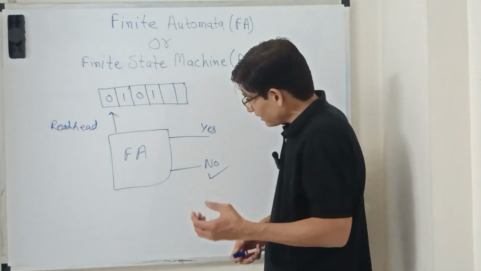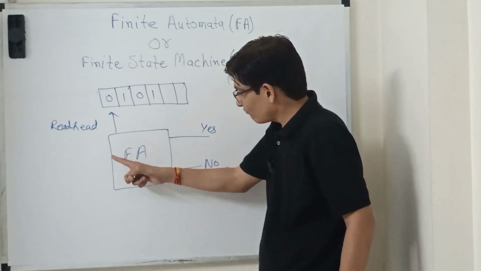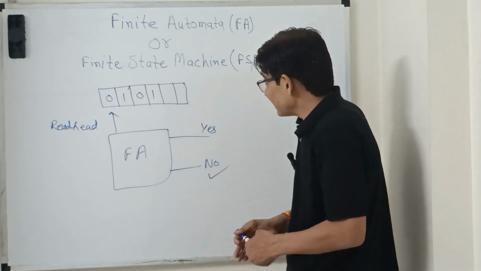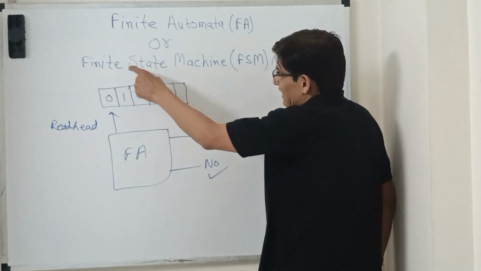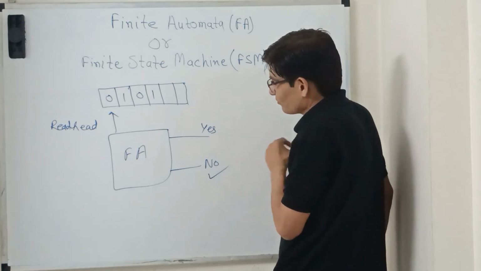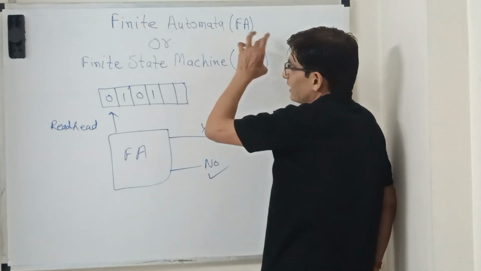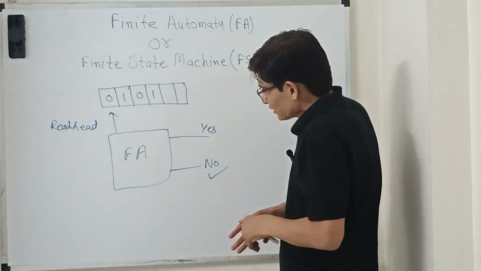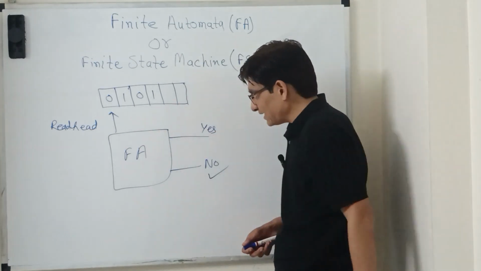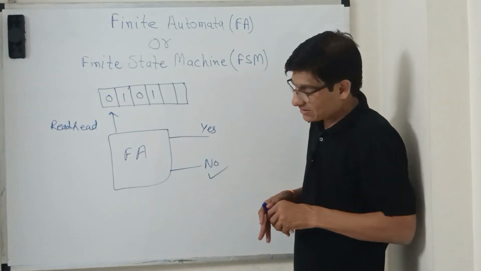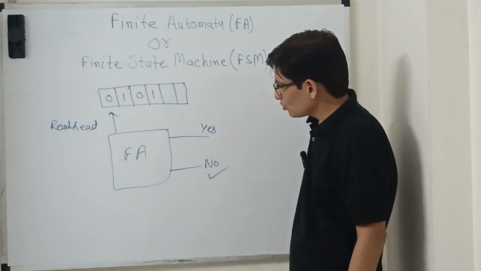And there are a finite number of states only, and for this reason we also call this machine a finite state machine, which has a finite number of states, or we can call it finite automata. So our purpose is to make the logic of this particular machine for different languages, right? I hope this is very much clear to all of you.